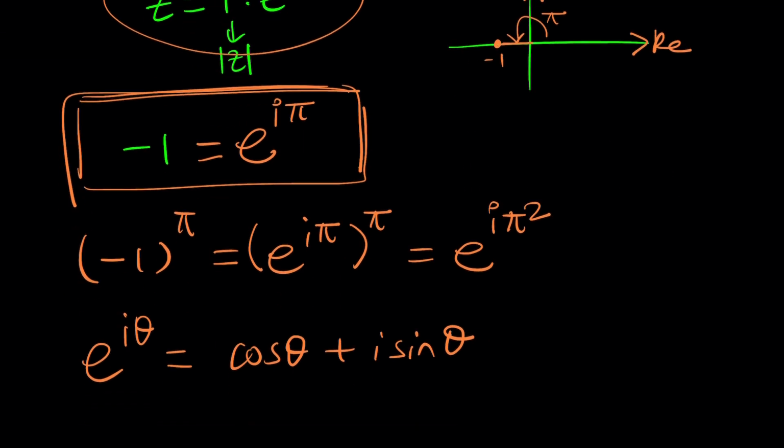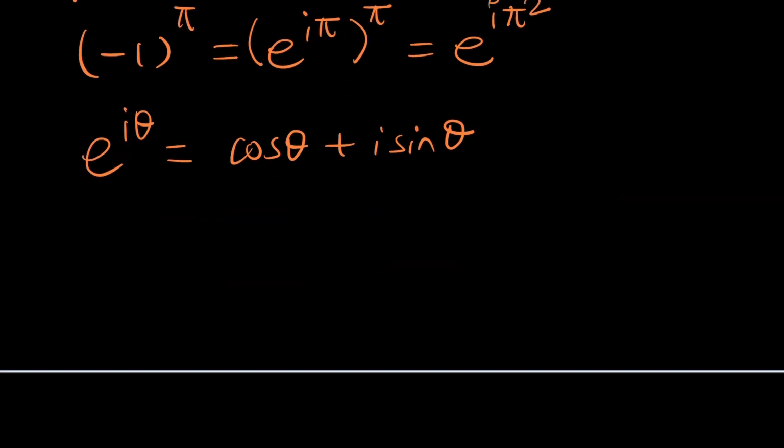In this case, r is 1, but in general, we should write it. And if you multiply both sides by r here, you're going to get r times cosine theta plus I sine theta. And that would be equivalent to a plus bi, right? But in this case, we can safely say that, okay, this is my a and this is my b, because the absolute value is 1.